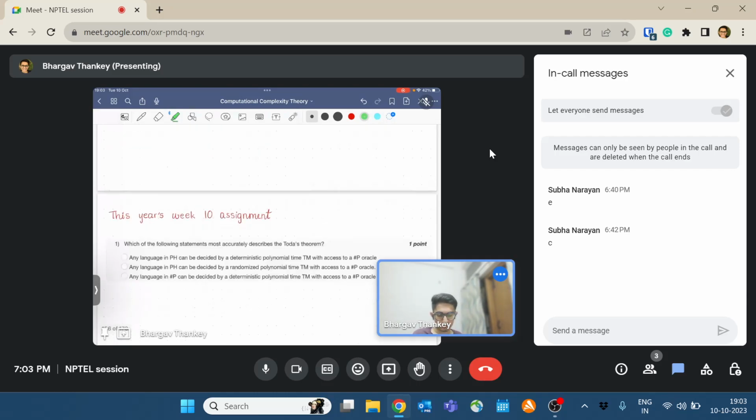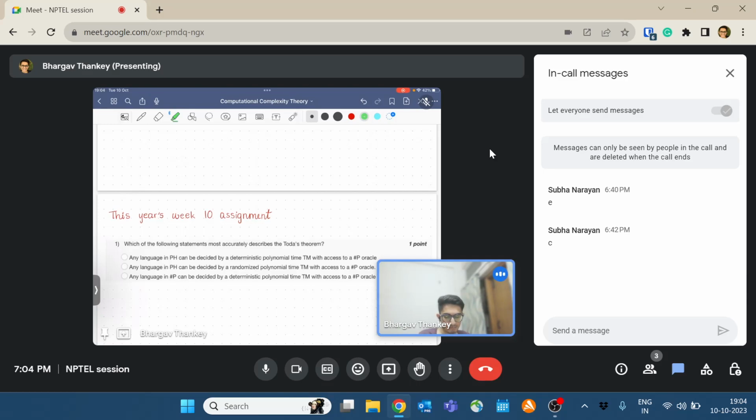The first problem is: which of the following statements most accurately describes Toda's theorem? Any language in PH can be decided by a deterministic polytime Turing machine with access to a #P oracle. Any language in PH can be decided by a randomized polynomial time Turing machine with oracle access to #P.